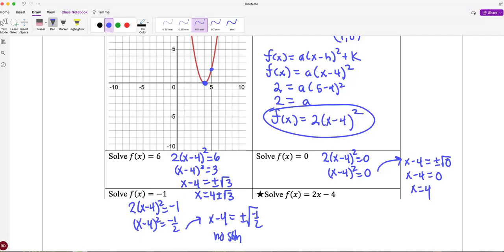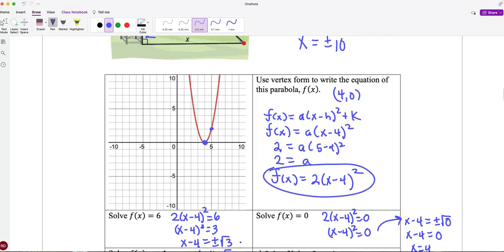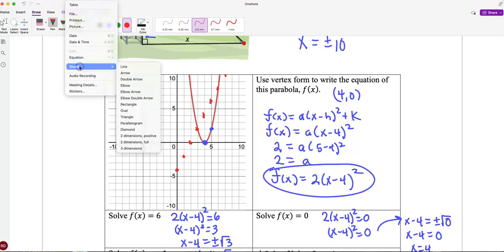Solve f of x equals 2x minus 4. So what is 2x minus 4? It's a line, right? There's your y-intercept, and the slope is 2. So that's the line right there.